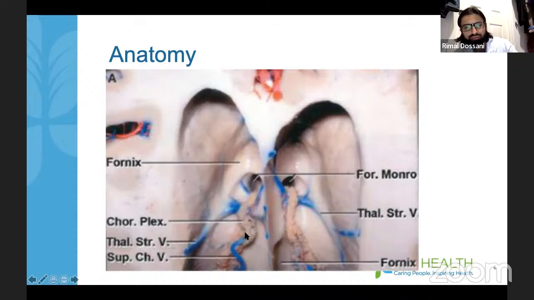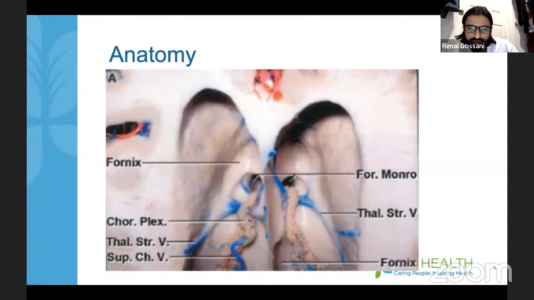The choroid plexus can be seen heading towards the foramen of Monro. And there are two very relevant anatomical veins that carry importance with respect to the location of the choroid plexus relative to the foramen of Monro. The vein going medially is the septal vein, and the vein that goes laterally here is the thalamostriate vein. And both of these veins are tributaries of the internal cerebral vein.